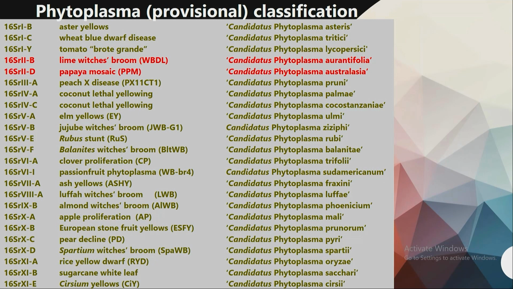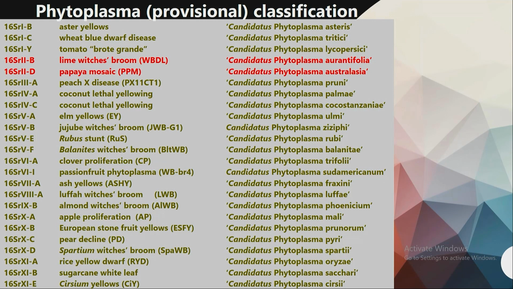The difference is the Candidatus phytoplasma is relying on identity percentage, so sequence, while the ribosomal group is relying on restriction fragment length polymorphism analysis. So the information are usually the same, but not always.